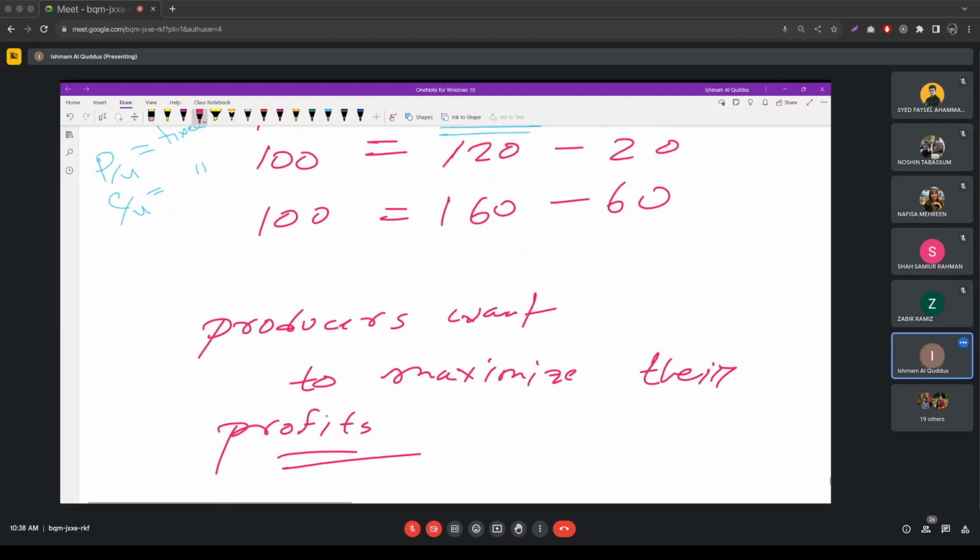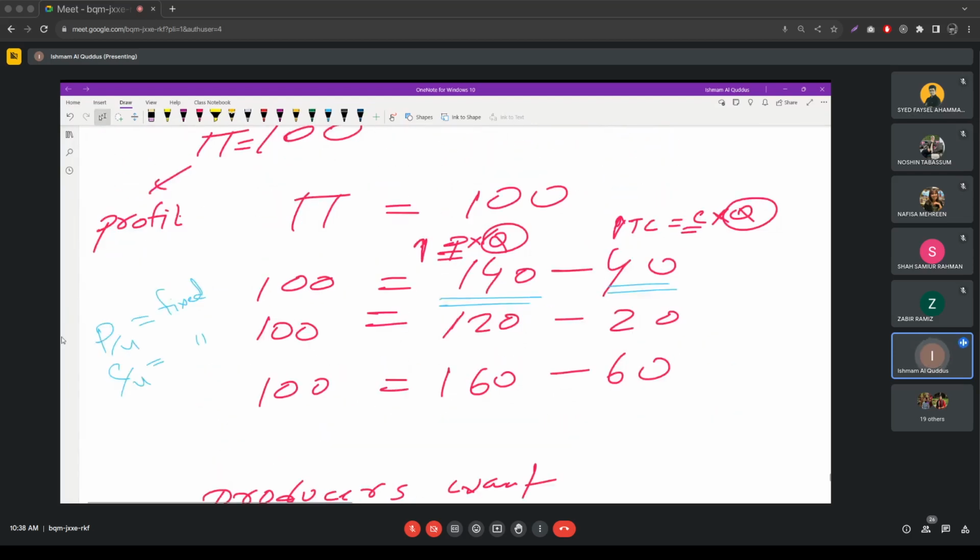Now, there are two approaches that they could take. Either you maximize the revenue or minimize the cost.